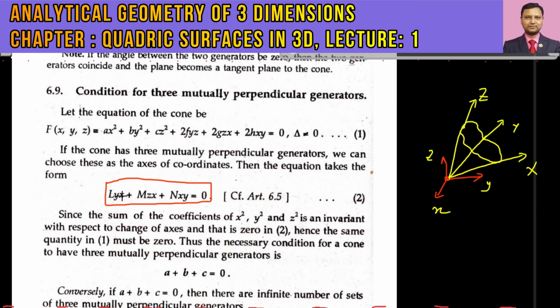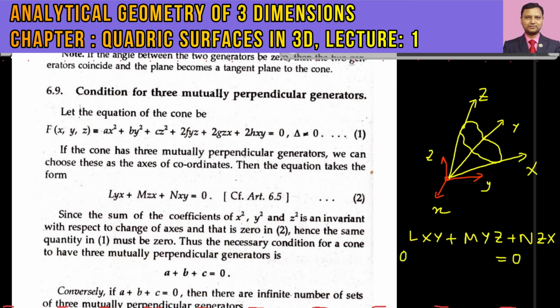Although they have written it in terms of small x, y and z, the equation after transformation would be like this: l times xy plus m times yz plus n times zx equals 0. No term involving x square would be there, so we can say 0 times x square plus 0 times y square plus 0 times z square.